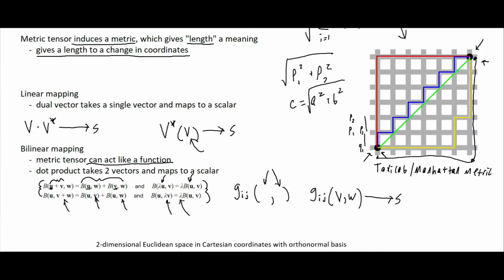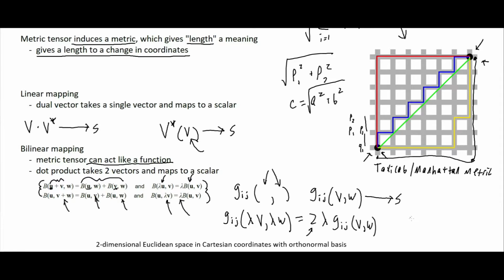Whereas this is using B, but if we're using our G, if you had something like our lambda V and then lambda W, this would actually be lambda squared G_ij(V, W). Each of these, if you factor it out, goes in front of it once, and so if you have it in front of both of them, you would actually end up with lambda squared.